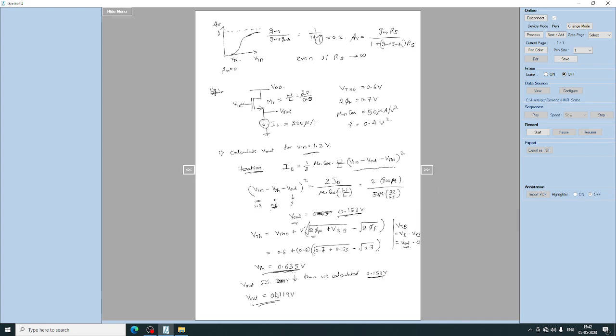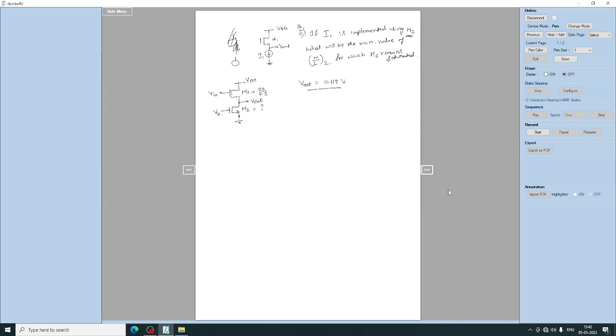You see here, we have obtained the V out to be 0.119 considering the body effect as well. So that itself will be the drain to source voltage of the second transistor M2.